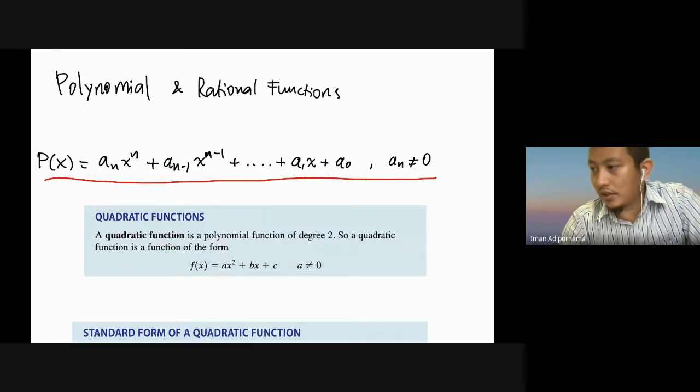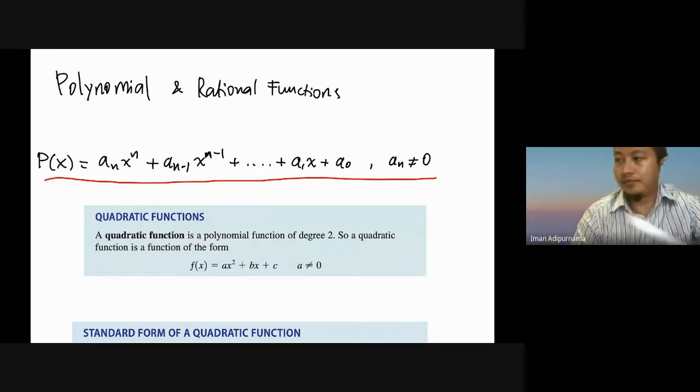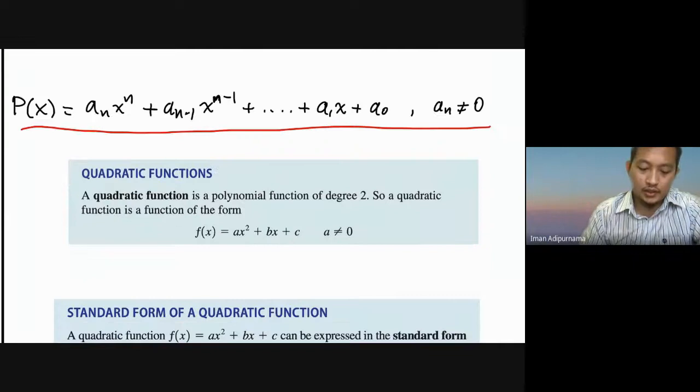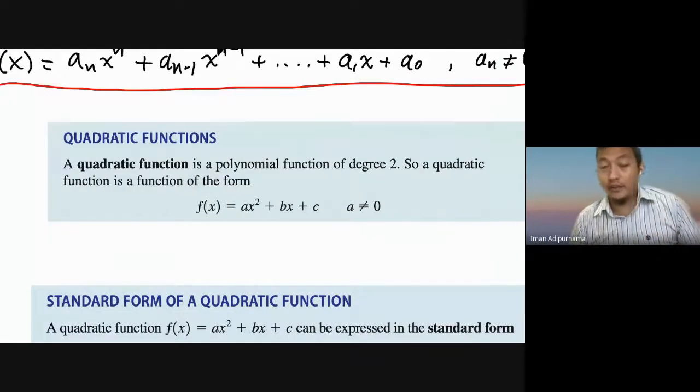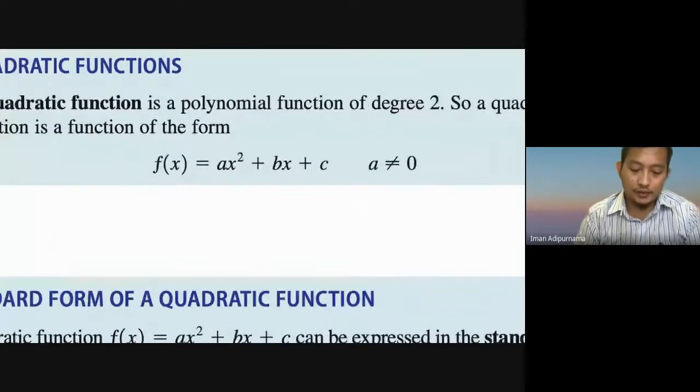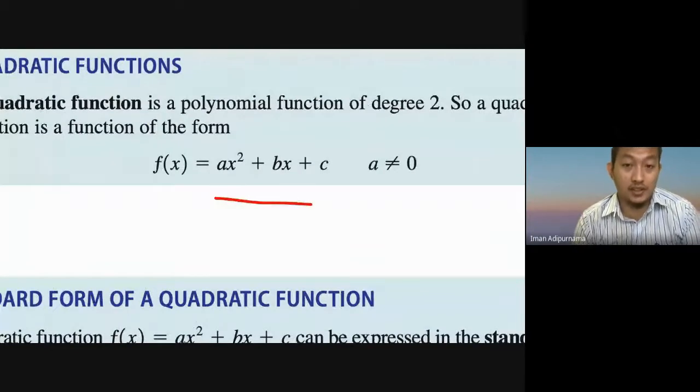And let's start with the quadratic function. So quadratic function, as you know, is a degree 2 polynomial function. We can write them in terms of ax squared plus bx plus c, and a should not be 0 to make it degree 2.